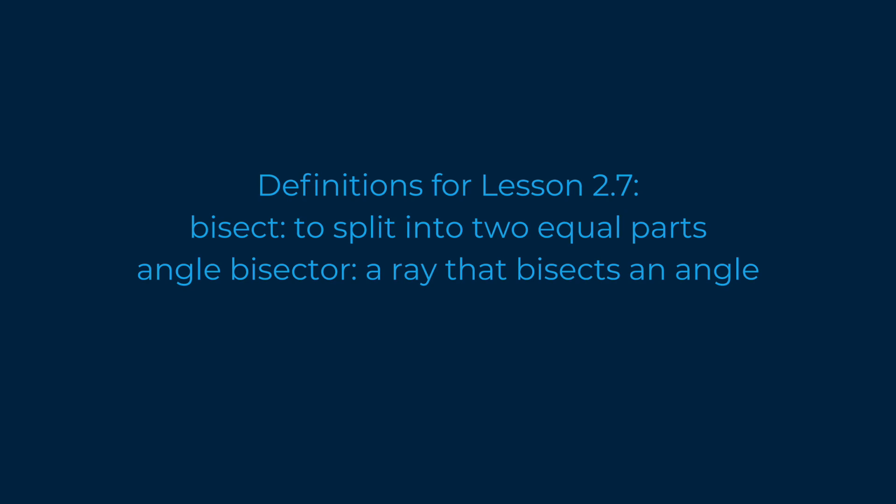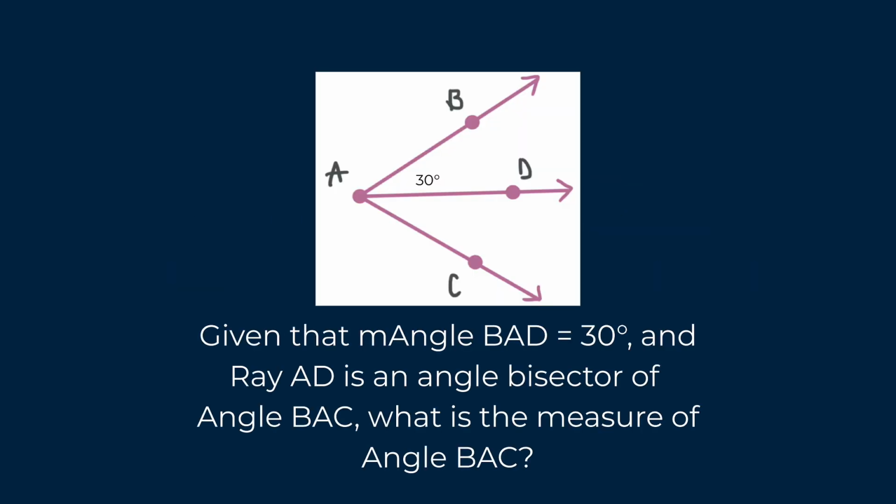So, I'm going to give you an example. Given that the measure of angle BAD, as you can see over here, is 30 degrees, it's shown on the diagram, and ray AD is an angle bisector of BAC, what is the measure of angle BAC? I'll give you a moment to pause and figure this out.